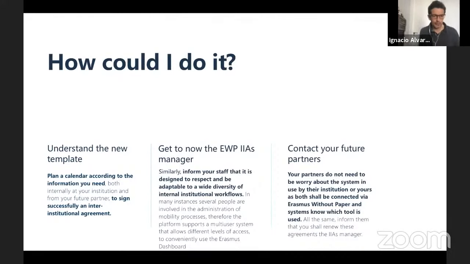So we need to contact our future partners, and we need to create the means of communication in our system, in our internal structure, for every single person involved in this process to know what they have to do, at what time and when. And this even before we can actually sign the interinstitutional agreements in the Erasmus Without Paper Interinstitutional Agreements Manager.